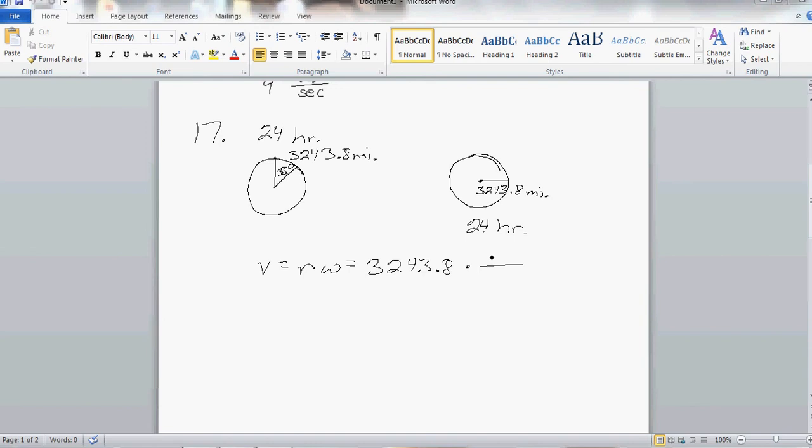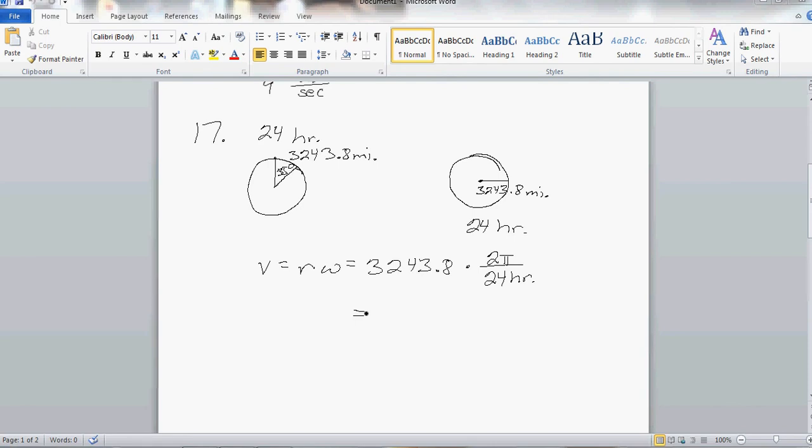And the one revolution is 2 pi. All the way around is 2 pi of a circle, or 2 pi around the circle. So we're going to go 2 pi every 24 hours. And so doing the multiplication, and we actually do get to round here because we are given that decimal point at the beginning.